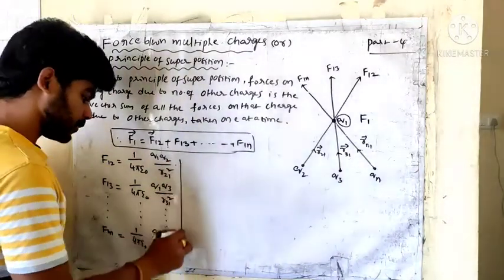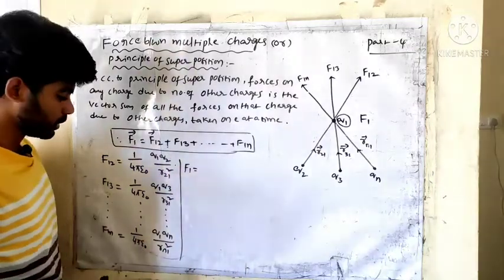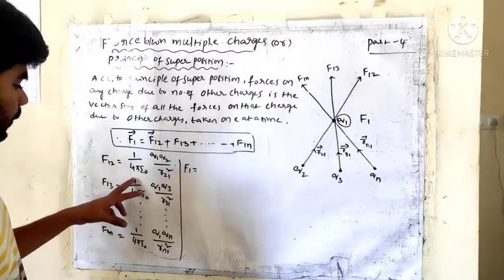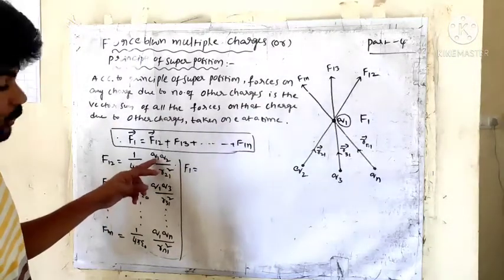Substituting here, we get F1 is equal to, so dear students, observe here 1 by 4 pi epsilon naught, with numerator q1.